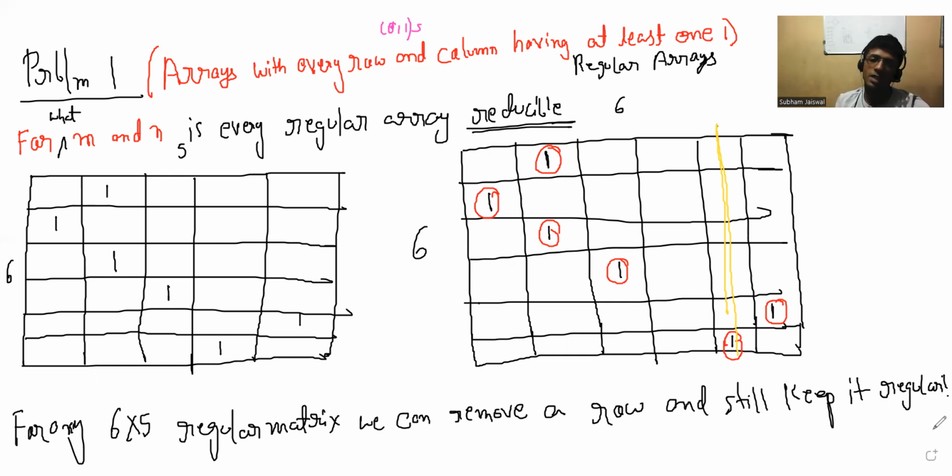So for any 6 by 5 regular matrix, you see there's an extra row, right? So there is an extra row means you can remove that row, right? So you basically have to go column wise, right? You go column wise and you ask every column, where is your one? He says here. You ask this column, where is your one? Here. Yeah, and then you go to this column and you see the one. And then you go to all the columns, right?